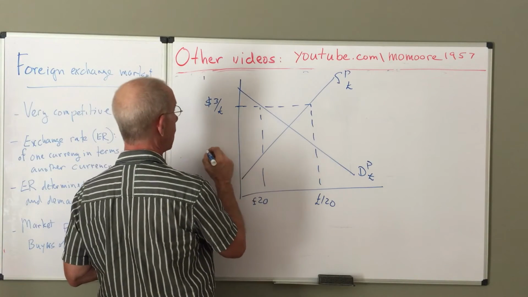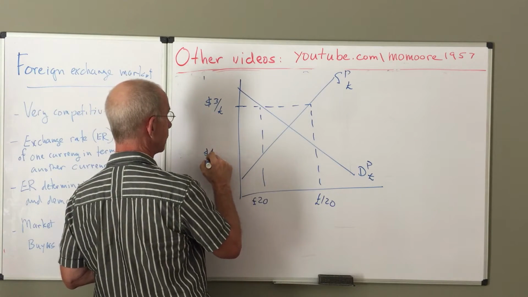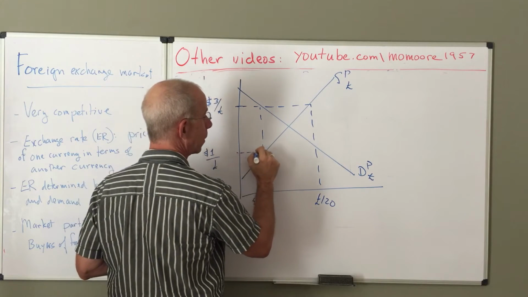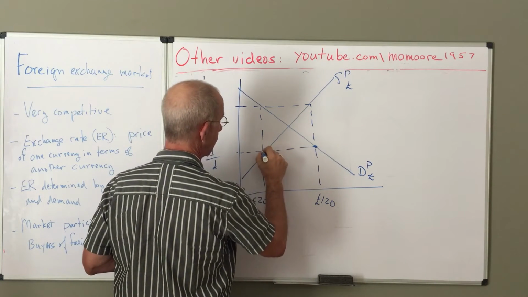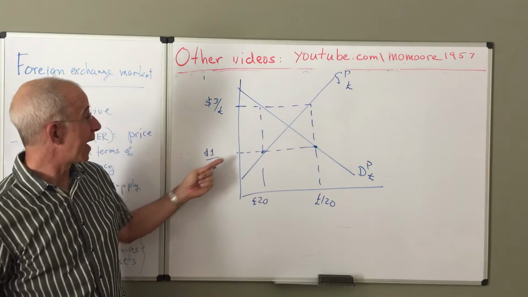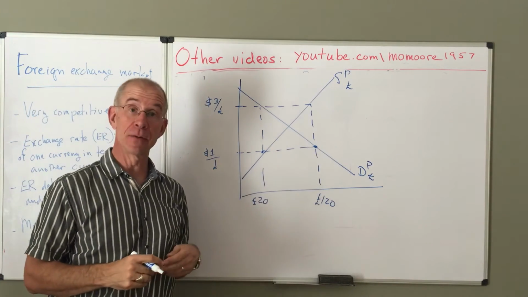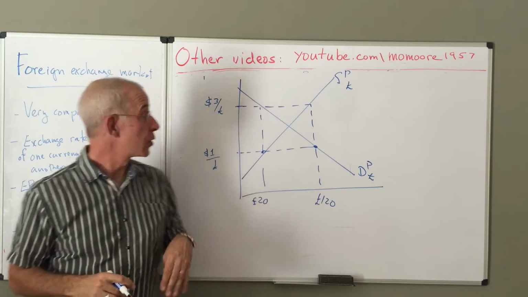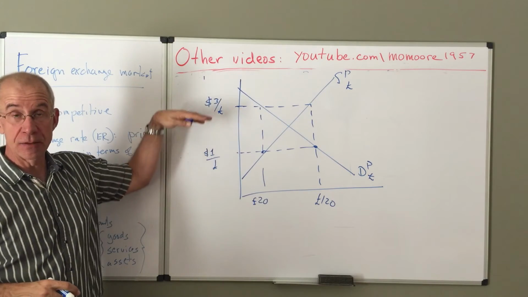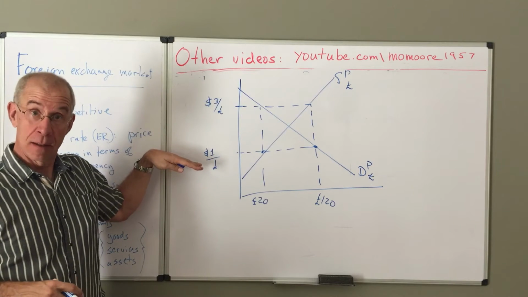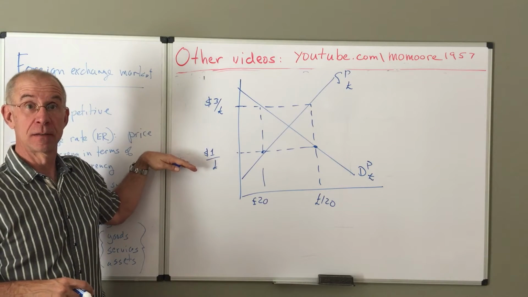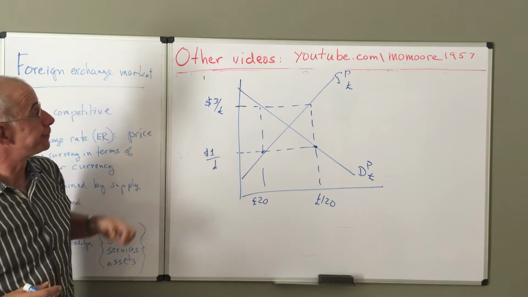At $1 per pound, we had 20 pounds supplied, 120 pounds demanded. So neither one of these exchange rates is going to be an equilibrium exchange rate in the foreign exchange market.